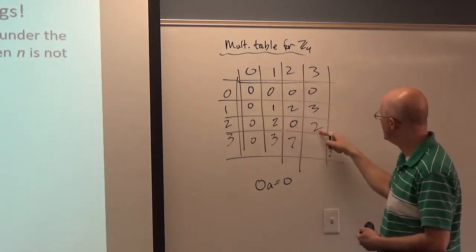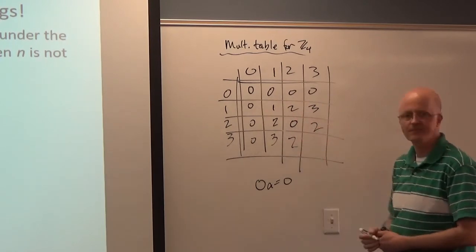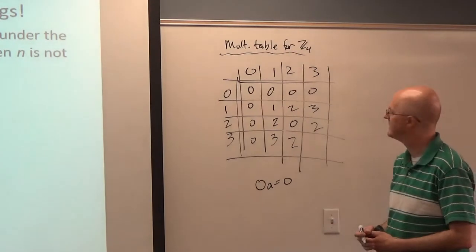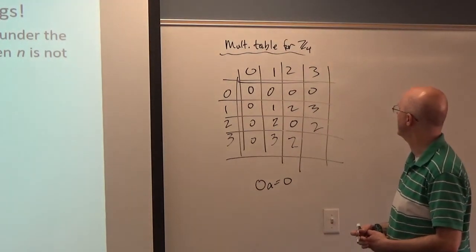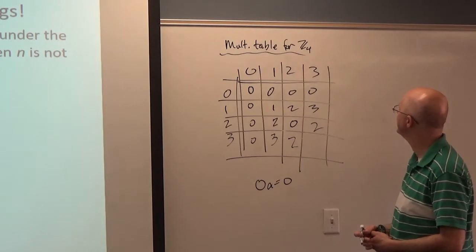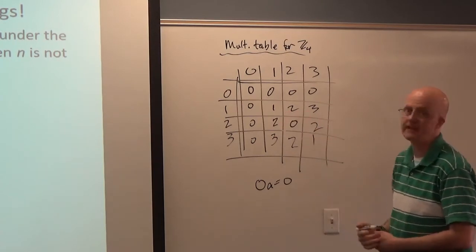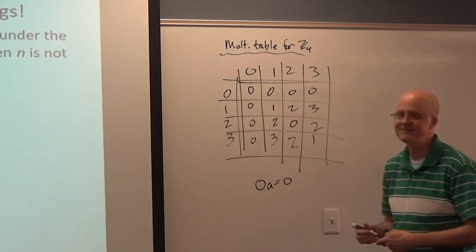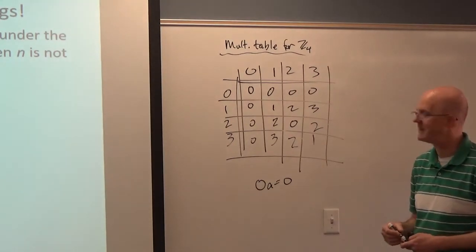So we get another 2 in this row and this column here. Again, that's not something that we typically have in groups. Finally, 3 times 3 is 9. Mod 4 is 1. Another weird thing here is the 1 only occurs twice in the multiplication table. So there's a few weird things that are happening.